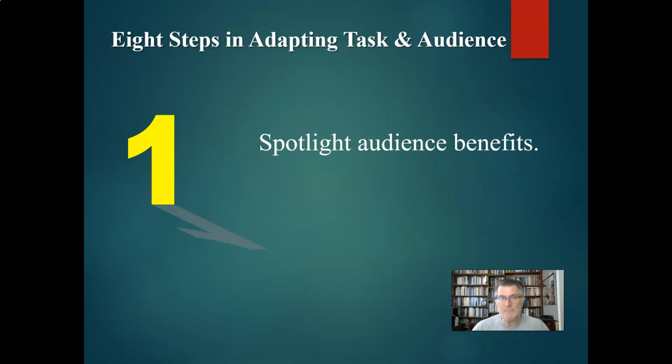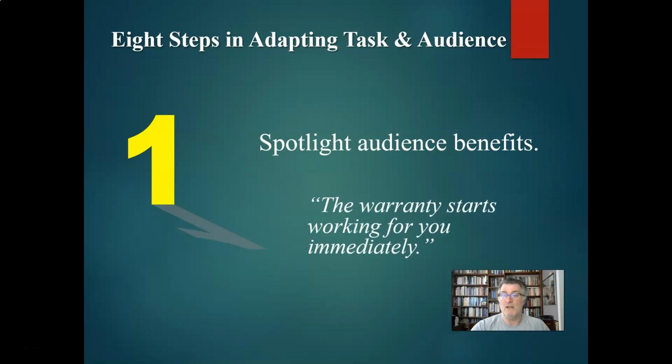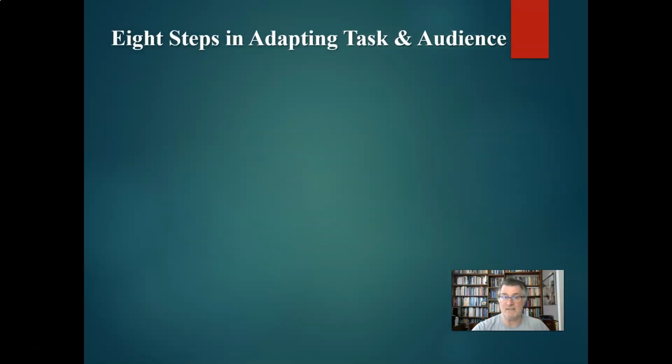Now, let's lighten it up and say, okay, when you're writing something and you're thinking of your audience, the first thing you want to do is spotlight the benefits, right? The warranty starts working for you immediately. Okay, so what is the subject of that sentence? The warranty. Sorry, the object is the warranty. The subject is you. And what's the time frame? Immediately. So the audience benefits are pretty decent.